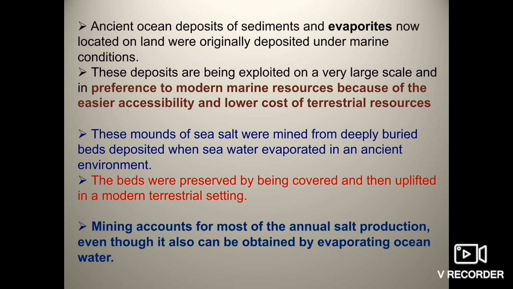That gave rise to the formation of sea salt. The beds were preserved by being covered and then uplifted in modern terrestrial settings where we get the salt. Mining accounts for most of the annual salt production, even though it can also be obtained by evaporating ocean water.